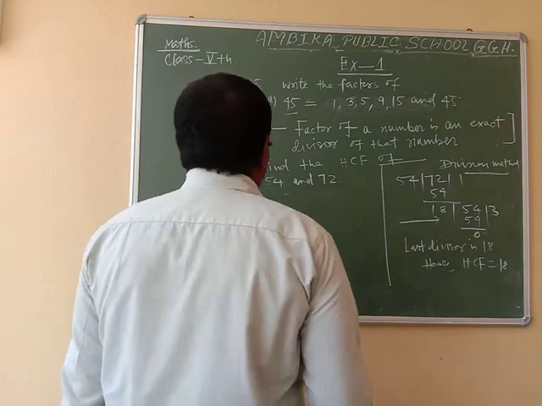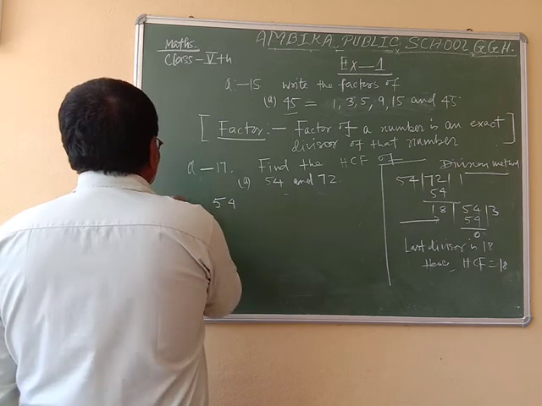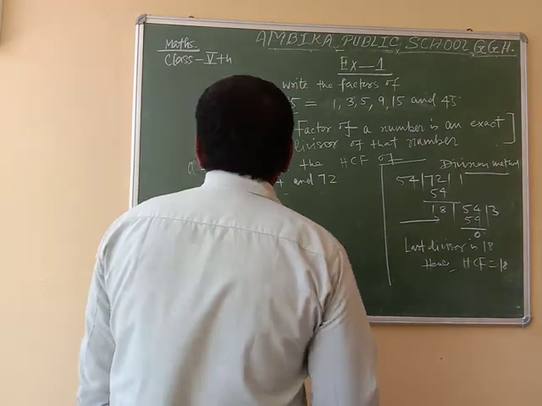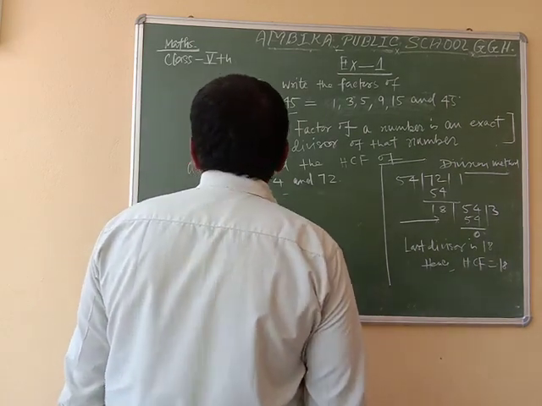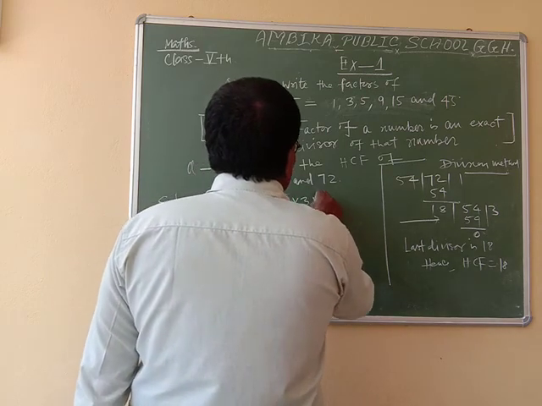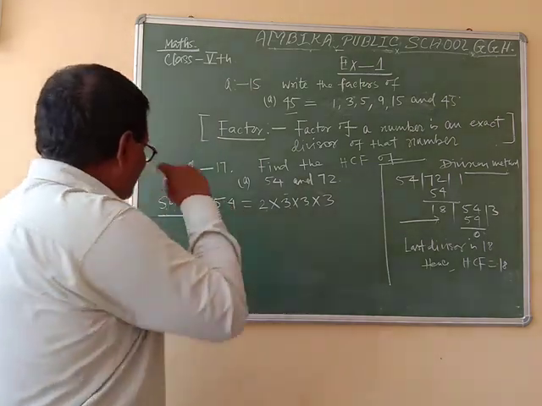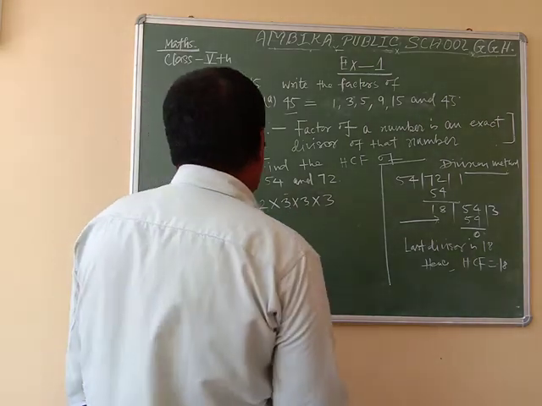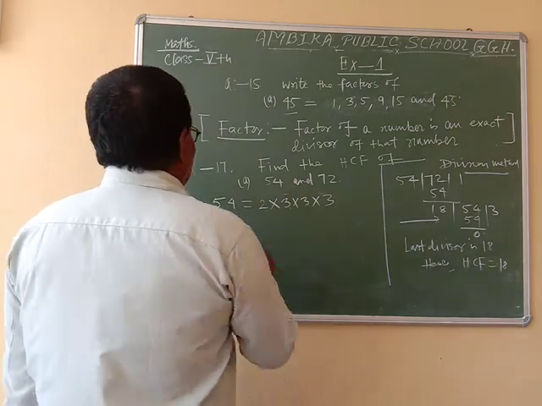But in the factorization method, 54 is equal to 2 into 3 into 3 into 3, and 72 is equal to 2 into 2 into 2 into 3 into 3.